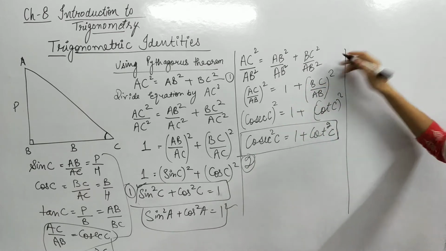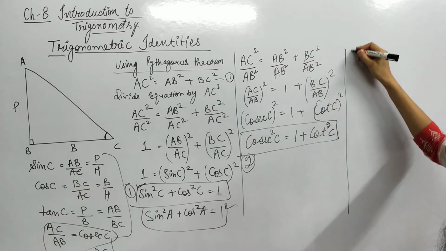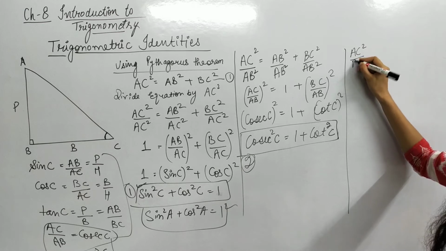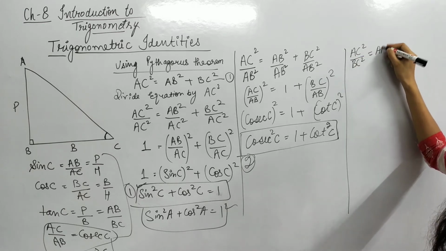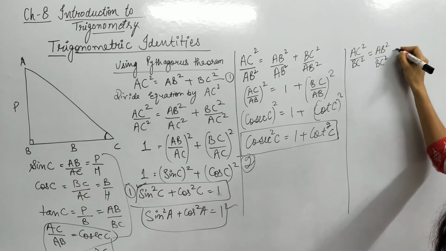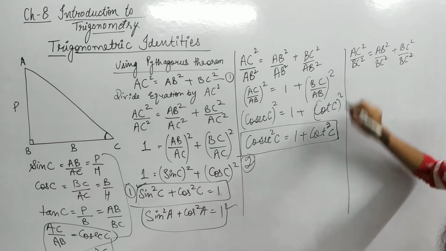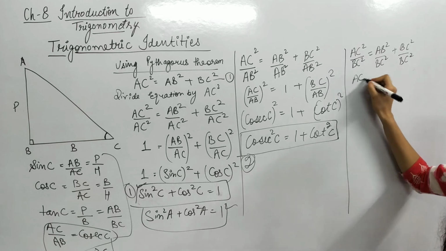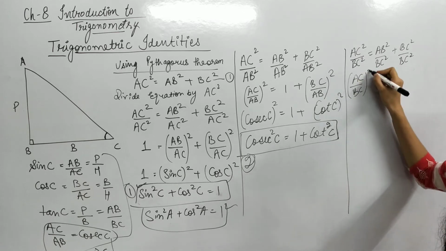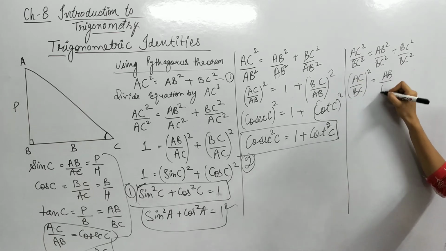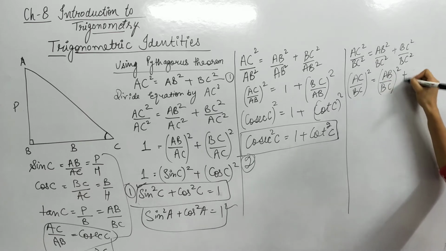Third identity: if you divide by BC square, what you get? AC square upon BC square is equal to AB square upon BC square plus BC square upon BC square. AC upon BC whole square is equal to AB upon BC whole square plus 1.